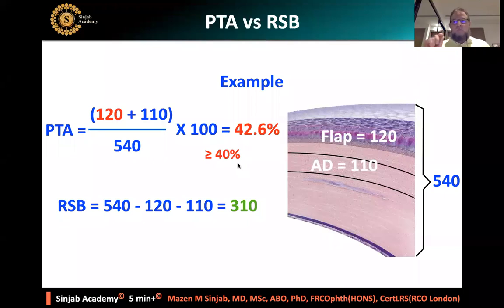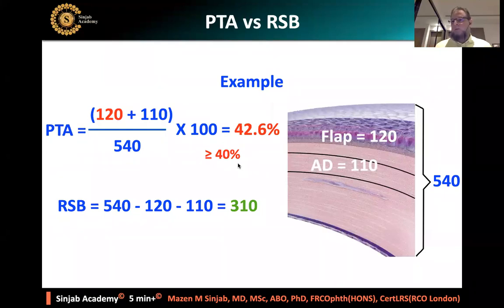But if we keep in mind the 4 standard deviations of error in the cut, plus or minus 18 microns, we cannot go for the residual stromal bed, because if we go for the residual stromal bed, which was recommended before at 270, maybe we will not end up with 270 as a residual stromal bed.